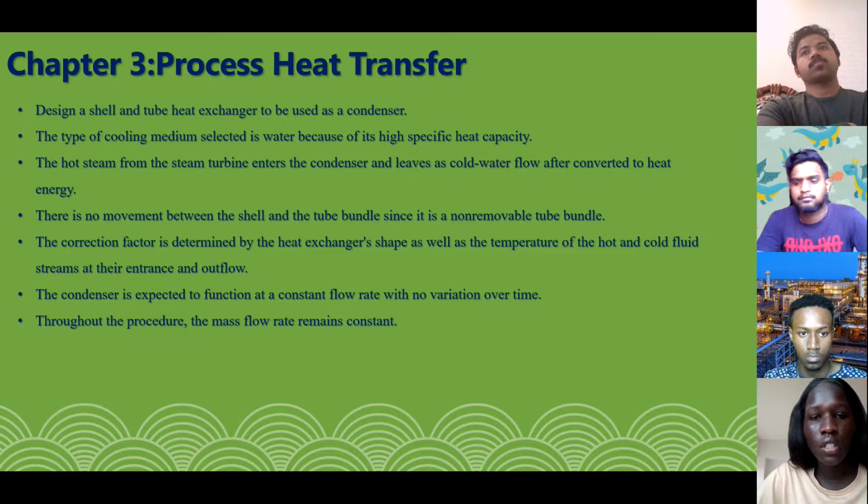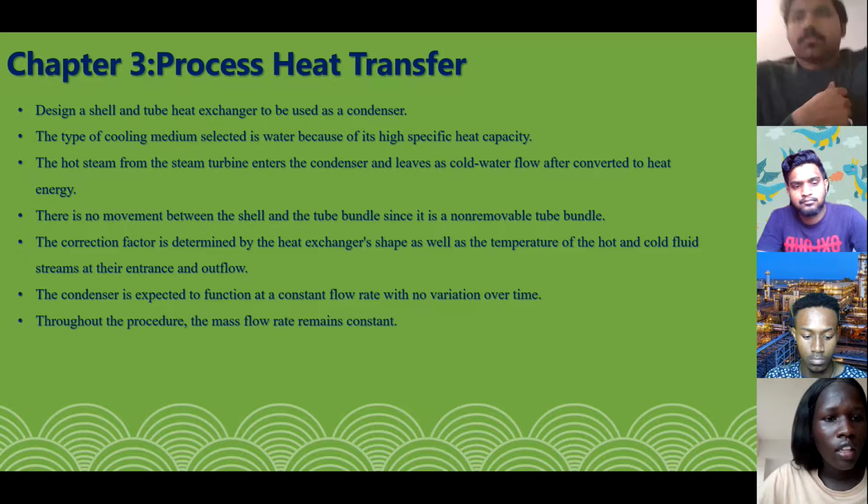We assumed it to be 1,800, which is relevant from the values given in the table. I found the surface area to be 182.89 meters squared, and we assumed the number of tubes to be 3,000 from the reference range, and we finally got the length to be 1.29 meters.